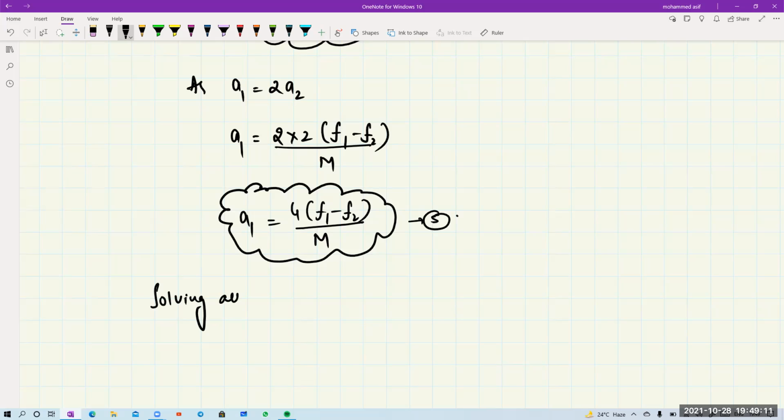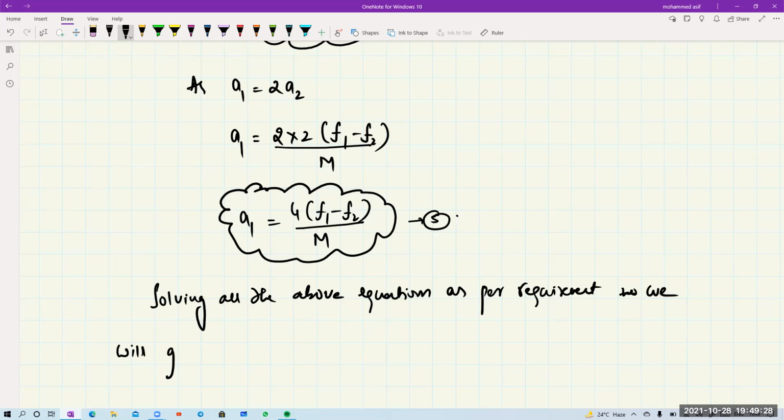So solving all the above equations as per requirement, we will get A1 equal to 8 times F naught divided by (3 times capital M plus 8 times small m).